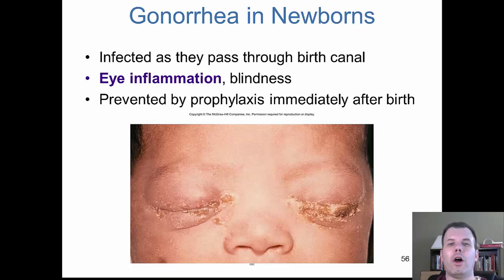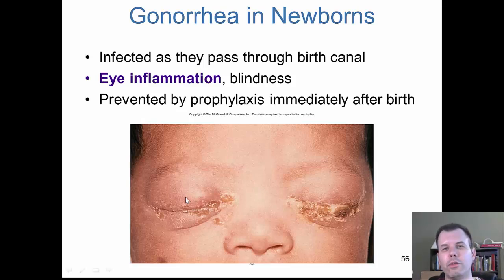All right. It can also lead to complications if you do get pregnant and have a baby. Now, if you have gonorrhea and you don't know you have it, you can pass it to the child, and they can get infected through delivery. They get the disease in their eyes, which can cause blindness and eye inflammation in babies.